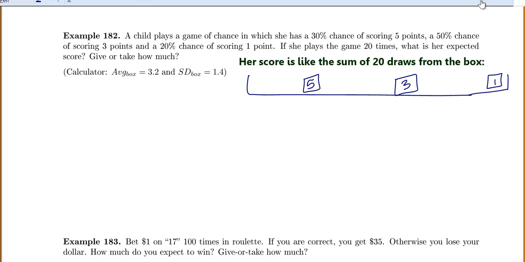It didn't tell us how many tickets are in there of each, it just gave us percentages, and as long as you put in the correct ratio, that's fine. So 30% we can make 30 tickets, 50% would be 50 tickets, and 20% could be 20 tickets. You could even do 3, 5, and 2, as long as you keep the correct ratio. So 30, 50, 20 would give us the correct percentages.